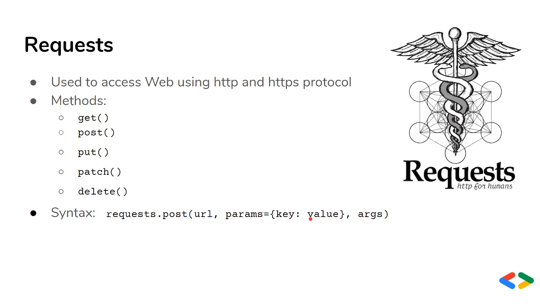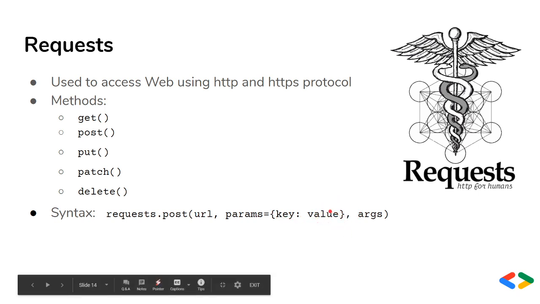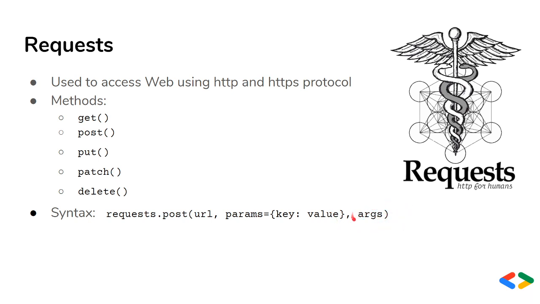Suppose you go to amazon.in and search for phones, then a question mark will come and you might have text equals phone written. So in that case you will have key equals text and value equals phones that you searched for. And then there are headers and cookies, which we will discuss later. They help you pass cookies and headers to the server.